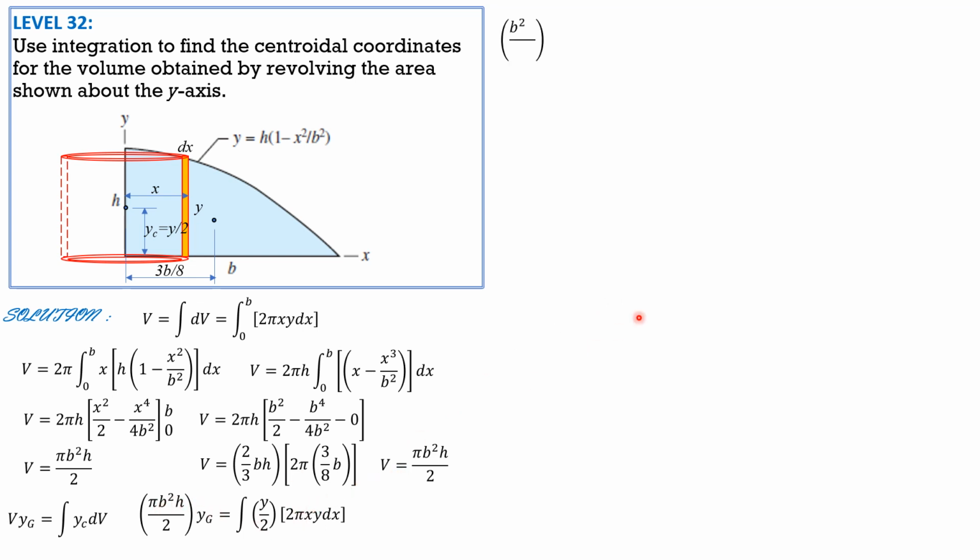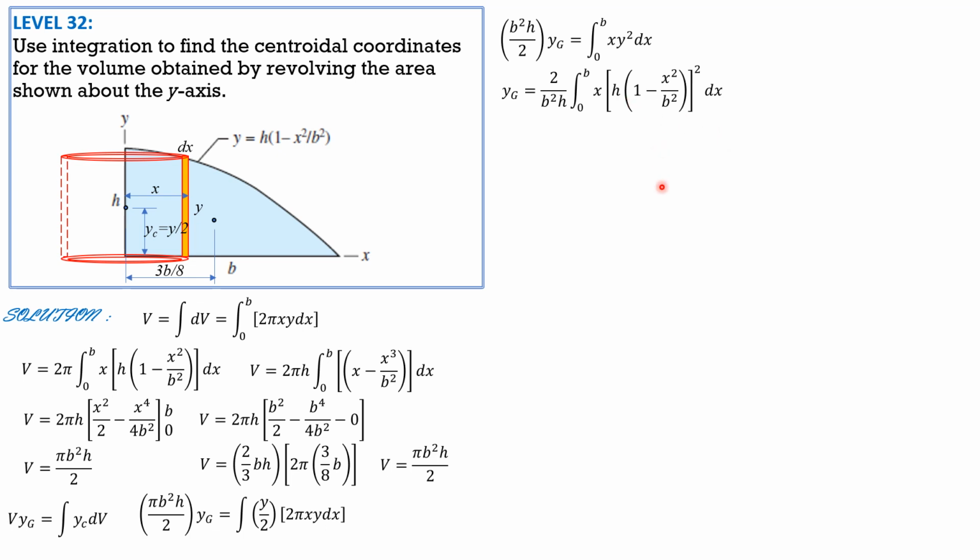So we have b squared h over 2 times y sub g equals integral of x y squared dx. Substitute the value of y. So y sub g equals 2 over b squared h, integral 0 to b of x, then quantity h, 1 minus x squared over b squared, squared dx.